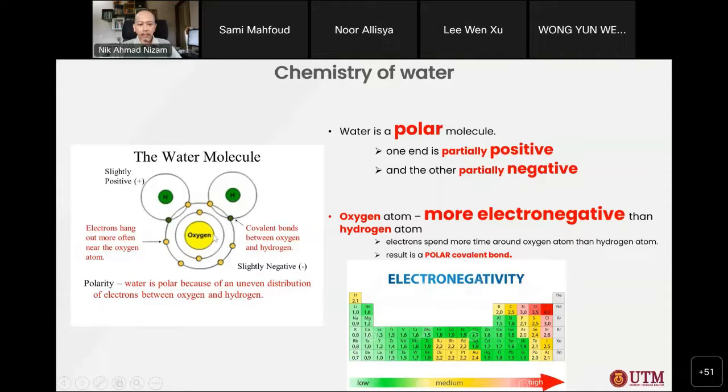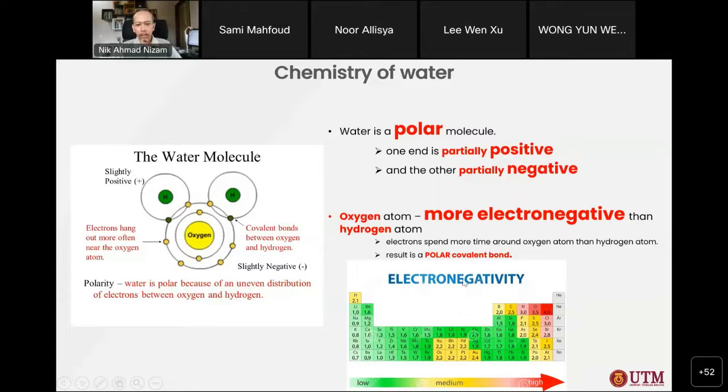And because of this, it will pull the electrons toward the oxygen. So water is polar because of uneven distribution of electrons between oxygen and hydrogen. There are many electrons here at the oxygen, but none here at the hydrogen. And it's also based on electronegativity.